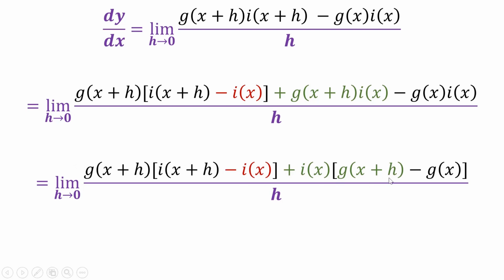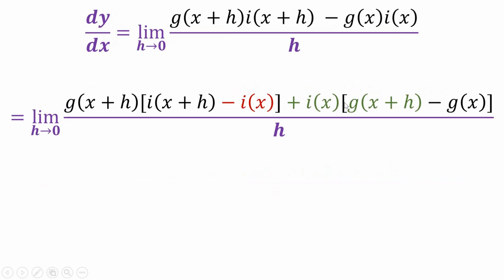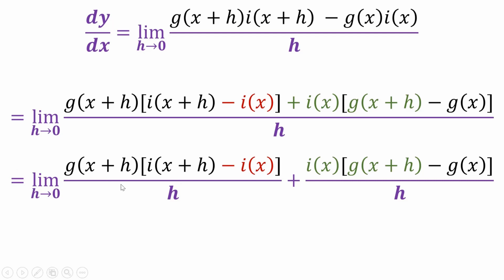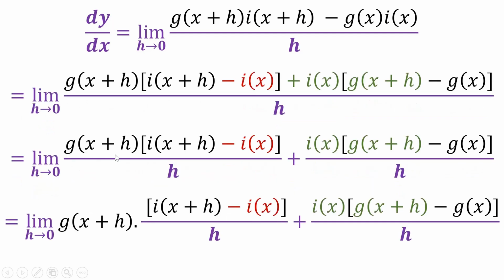So at this point, what we have done is that we have factorized out the common terms. Now, let's proceed and distribute h for the two terms. When we do that, we have the first part over h and the second part over h. Let's do some rearrangement. So what we do is that we have taken out j of x plus h to multiply the fraction here.